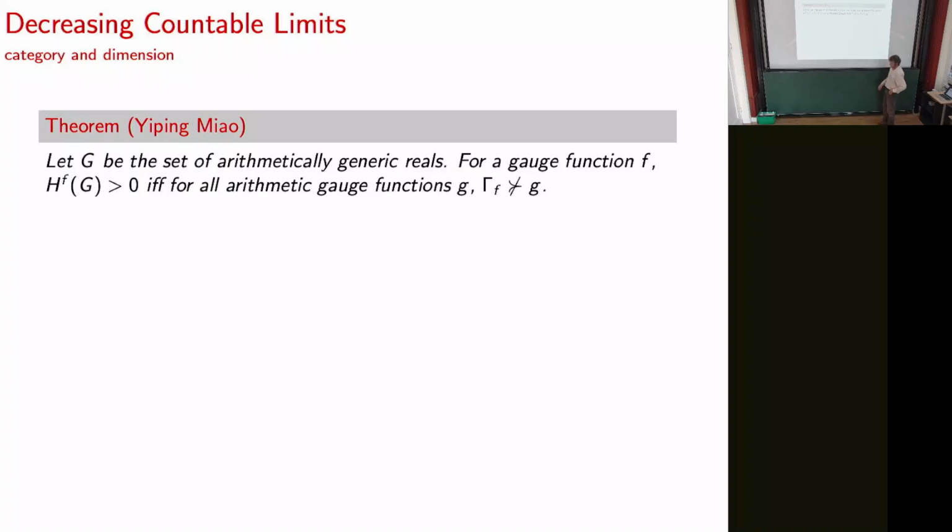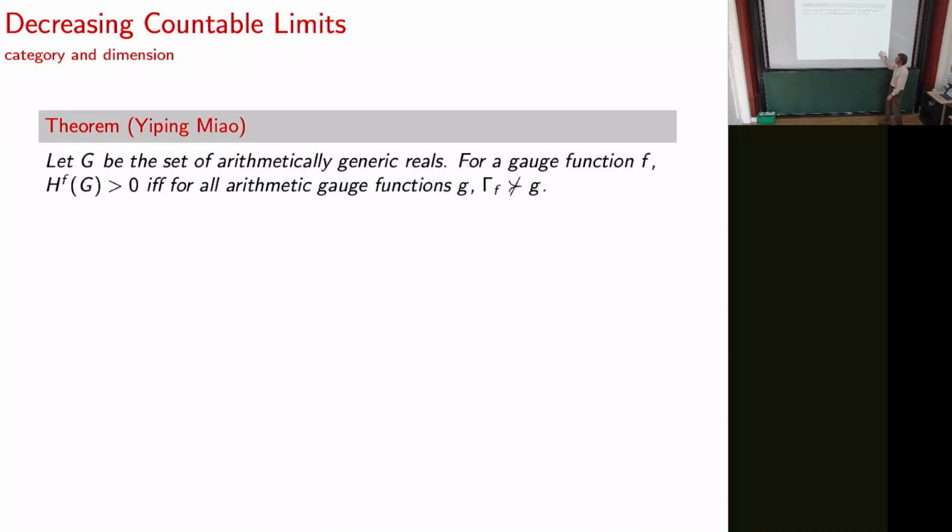Okay, so category and measure are usually viewed as orthogonal notions of largeness. But if you use these gauge measures, you can exactly quantify to what extent category and measure are orthogonal.